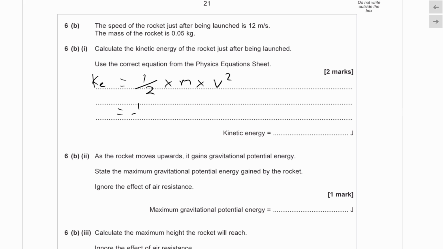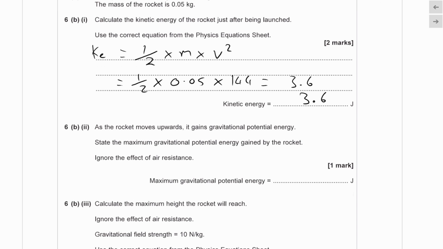So that is a half times 0.05 times v squared. Well, v is 12, so squared that is 144. You do have a calculator, so you do this in your calculator, and you'll get an answer of 3.6. So it's 3.6 joules, but they've given us the units.